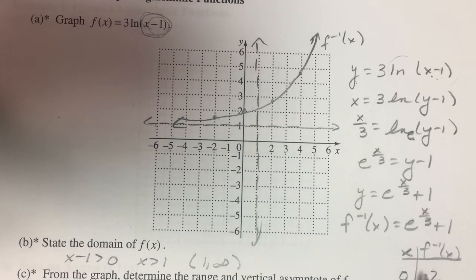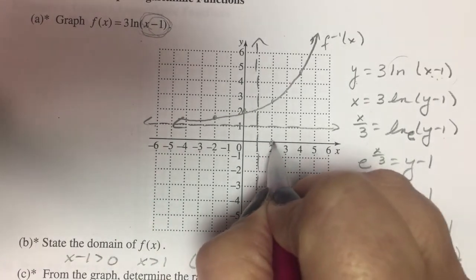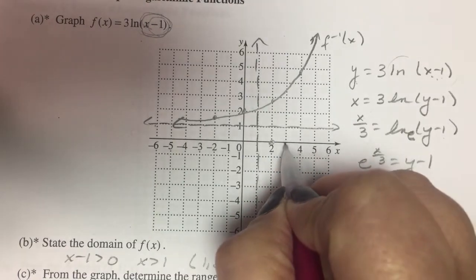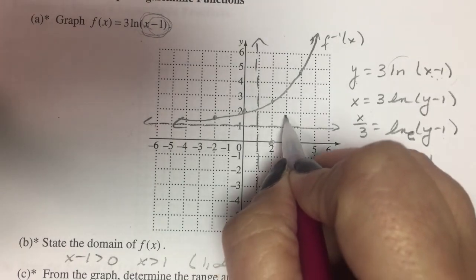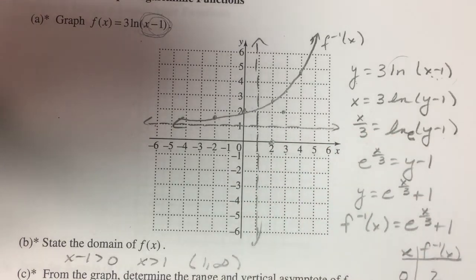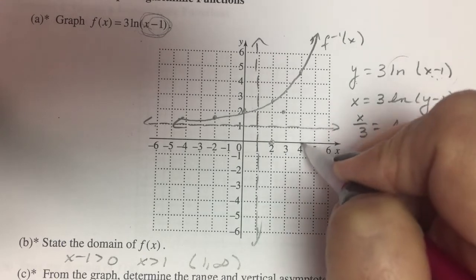Now I'm going to flip the points that I graphed to help me find the inverse graph, which is this log graph. So instead of 0, 2, I'm going to plot 2, 0. I'm going to plot 2.9, 2. I'm going to plot 4.8, 4.